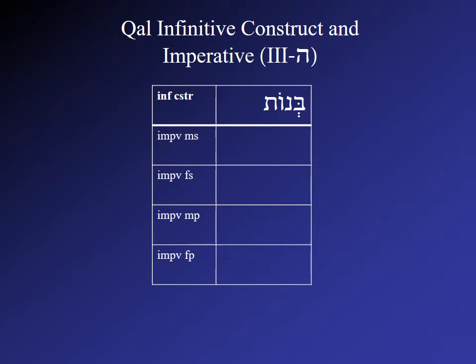Note the ot ending here, which is not what we expect from the strong root, but is all the standard case for the third he. The imperatives simply take the second masculine singular prefix tivne, and we take off the tav and we get b'ne. The feminine singular imperative b'ni, masculine plural b'nu, and then b'nena.